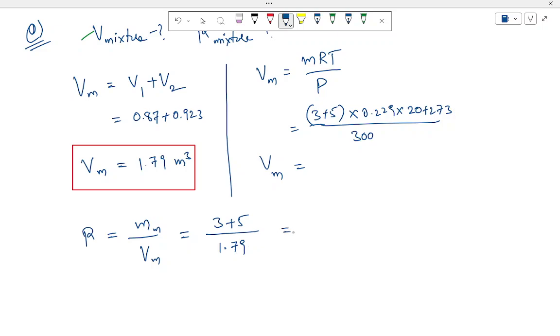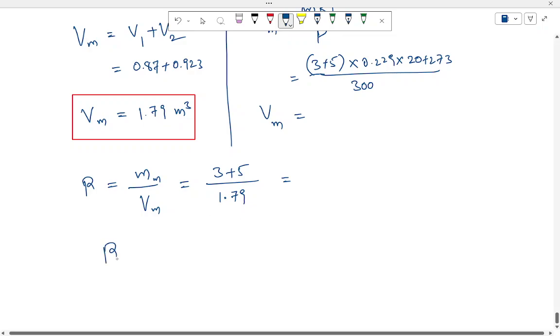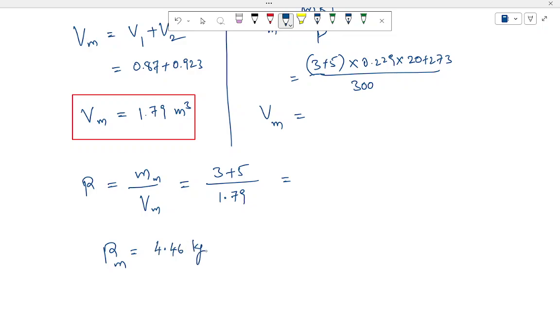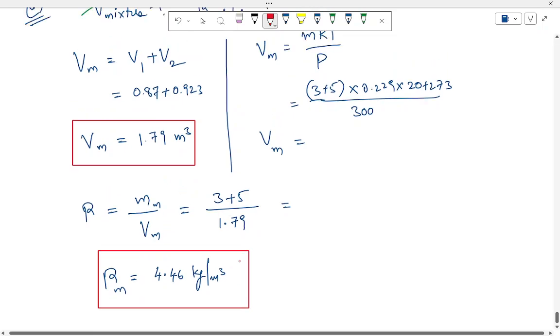You can substitute that. So that will give you the rho of mixture. Rho of mixture will be equal to 4.46 kg per meter cube. So that's the rho m. So we're done with the question E.